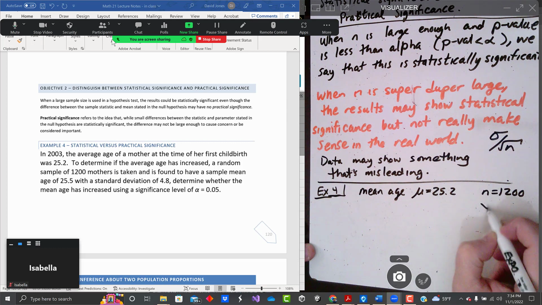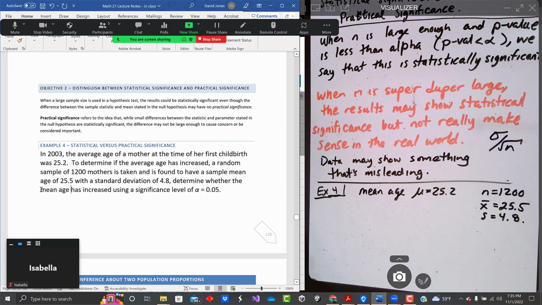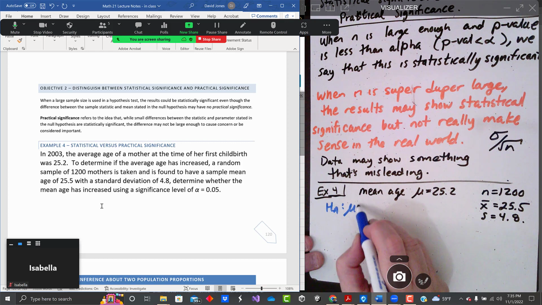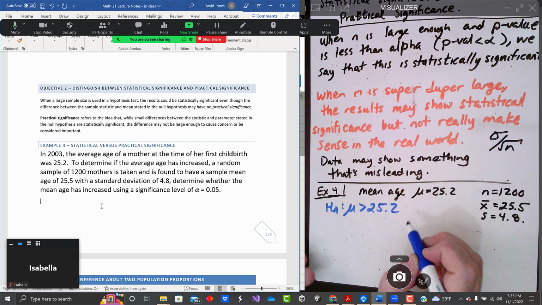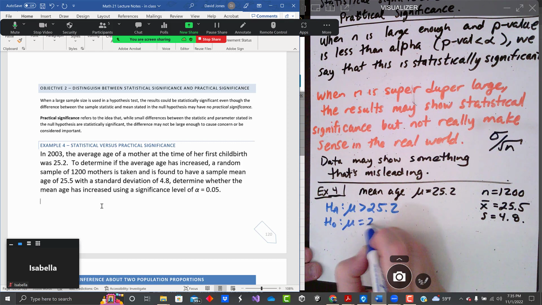And we see that X bar equals 25.5, and the standard deviation is 4.8. And we want to see whether the mean age has increased. So our alternate hypothesis is our mean age is greater than 25.2. So H naught is the mean is 25.2.